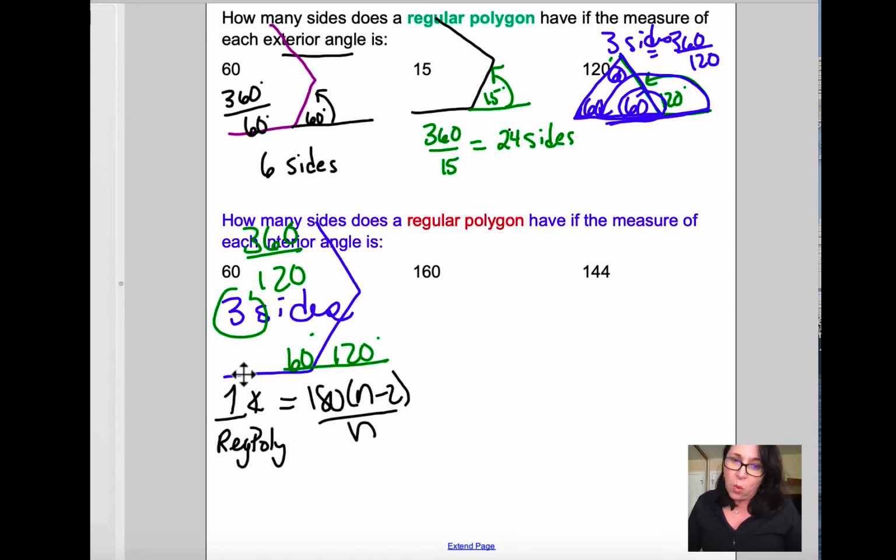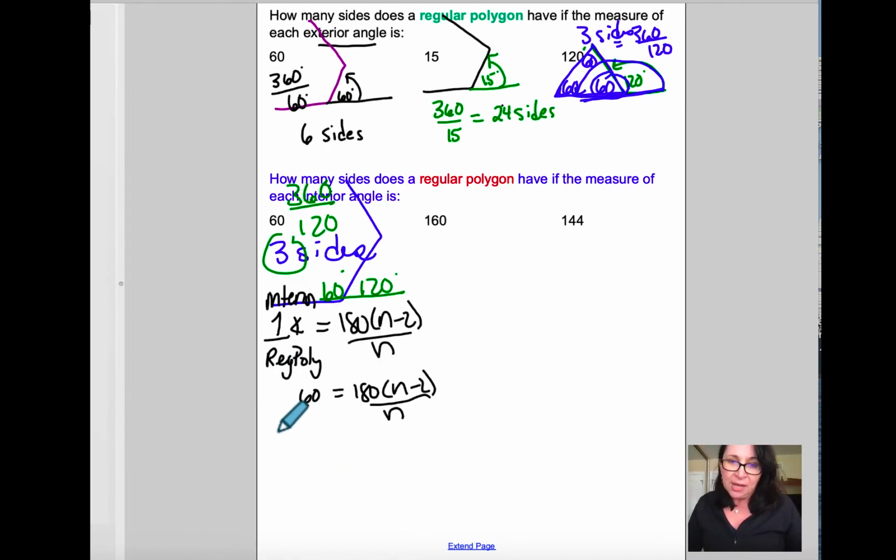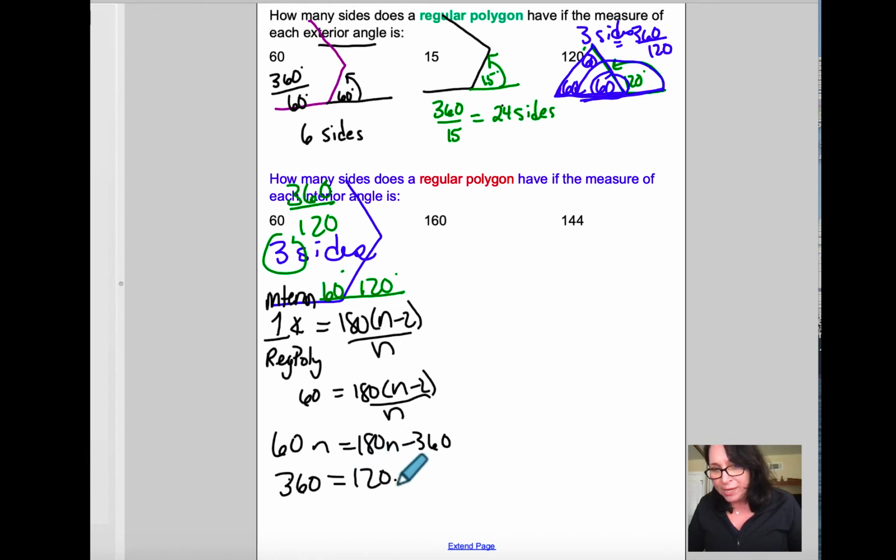If I know one interior angle is 60, I'm going to go 60 equals 180 times n minus 2 all over n. I'm going to multiply by n here, and I'm going to get 60n is equal to 180n minus 360. I'm going to move this 60n over to be with the 180, and that gives 120n equals 360. Divide by 120, n is equal to 3. So that means I have 3 sides.